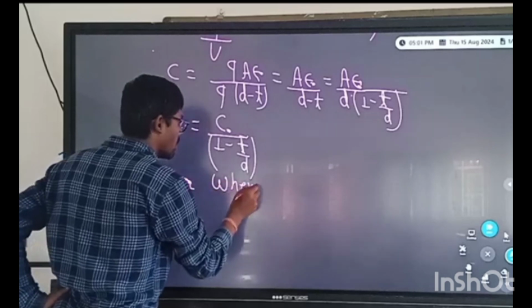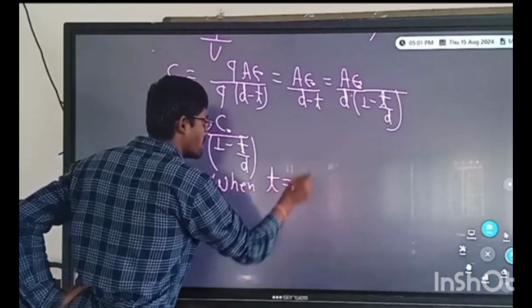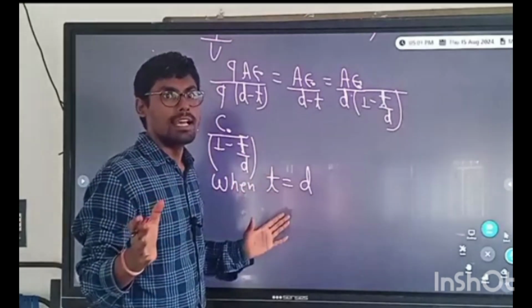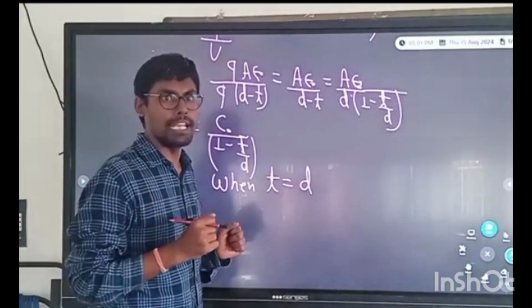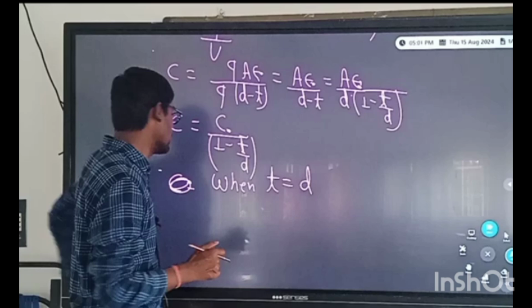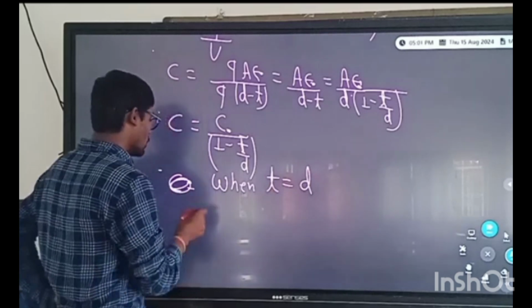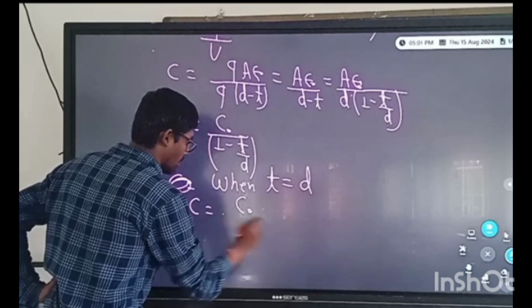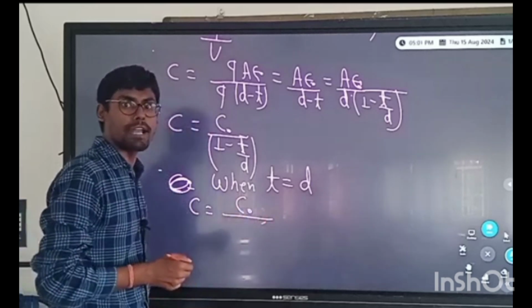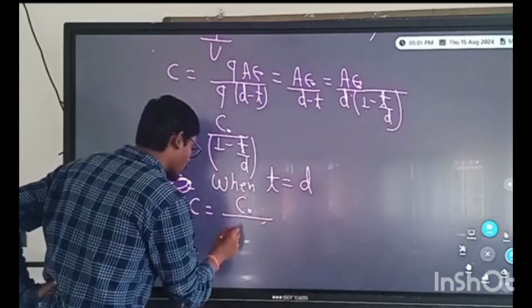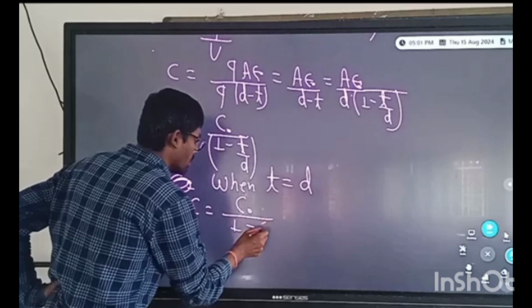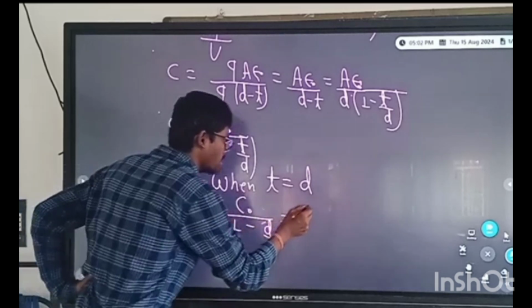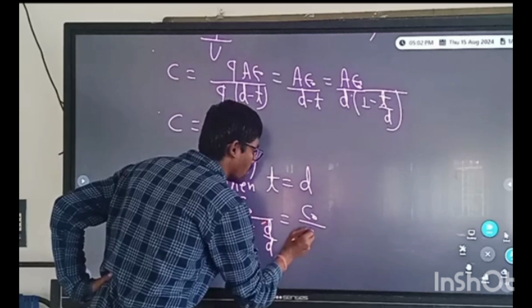When t is equal to d, C will be C naught divided by (1 minus d by d), so C naught by 0.